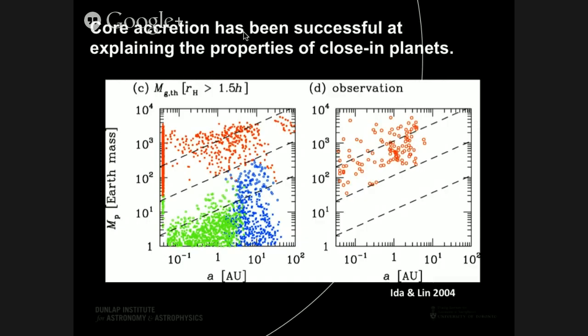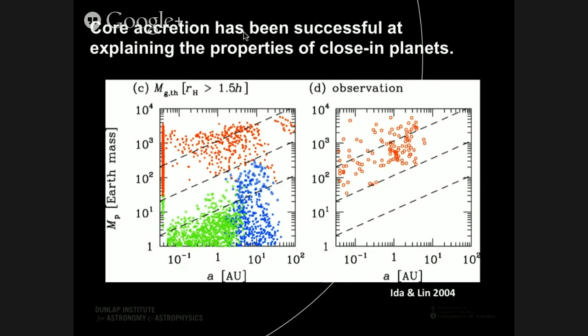So how have they done at comparing to observations? Starting with core accretion, this is the most popular model for explaining the close-in planets, these Doppler planets for instance, and it's been very successful at doing that. This is a figure from a paper by Ida and Lin in 2004, where they modeled planets that could have formed via core accretion.